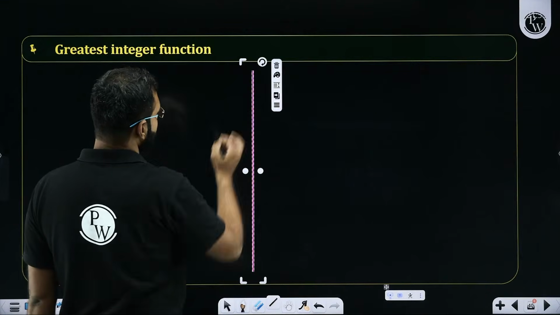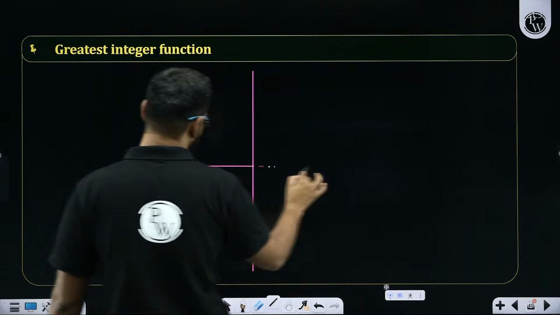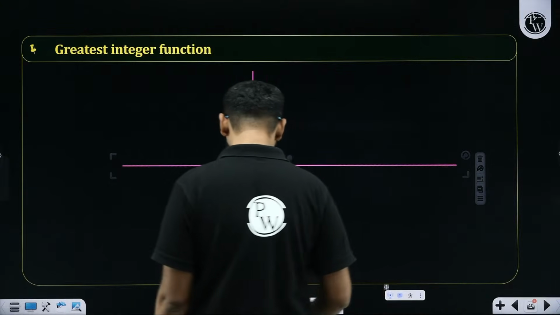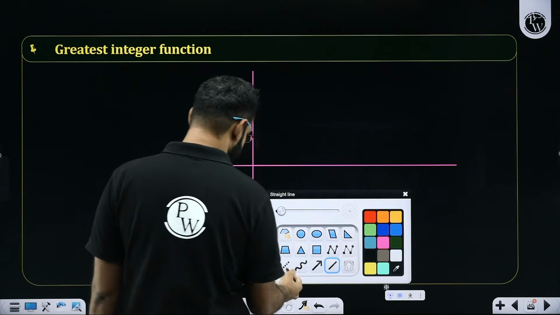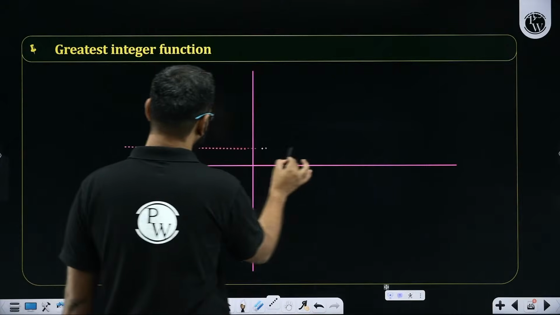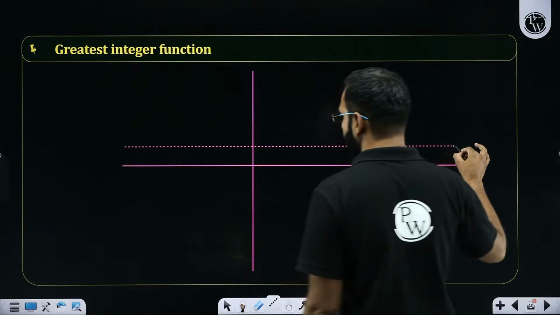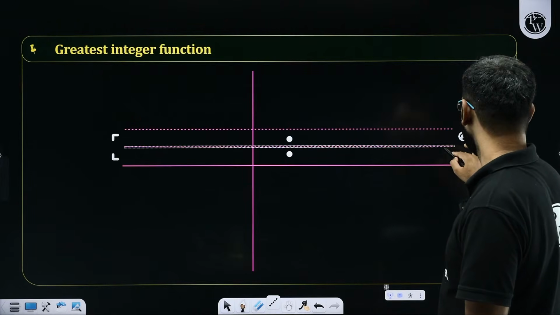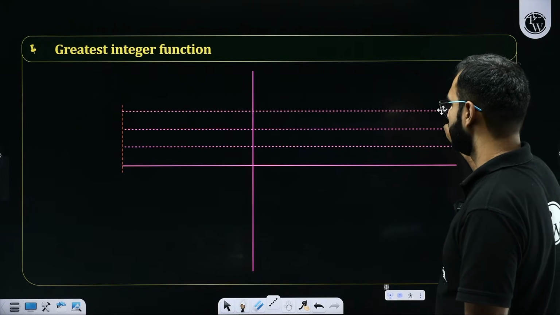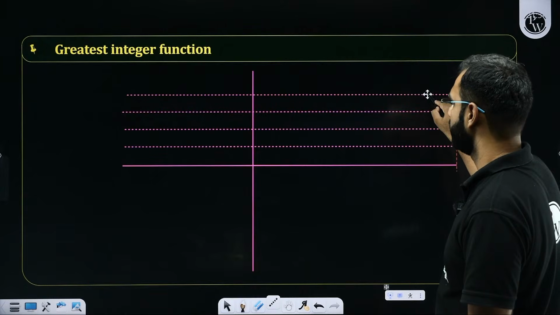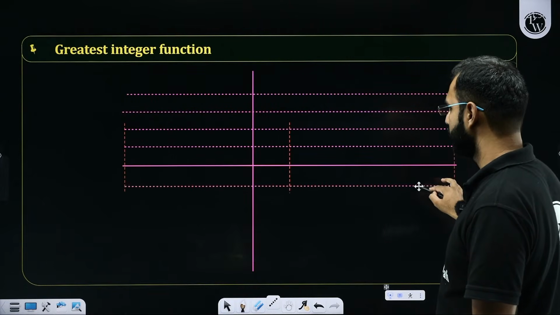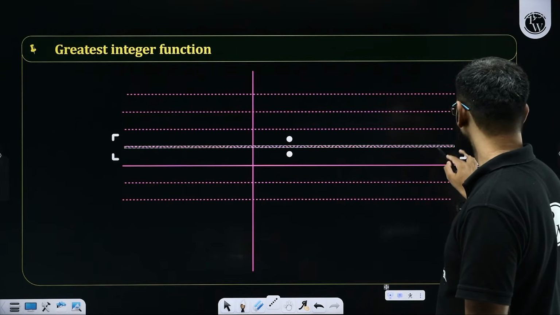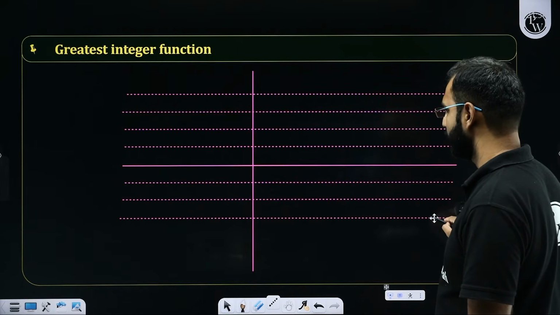So let's say this is the y-axis. This here is, let's say, the x-axis. And what I do here is draw a few lines parallel to the x-axis like this. Let's say it is passing through 1, then 2, then 3, then 4, here minus 1, minus 2, minus 3, and so on.